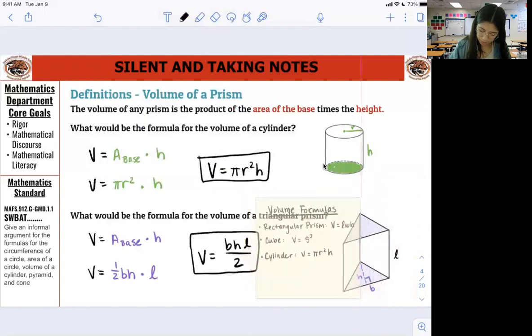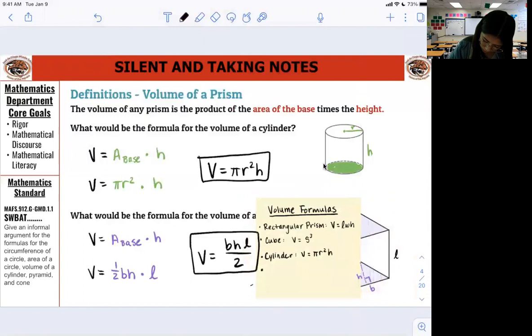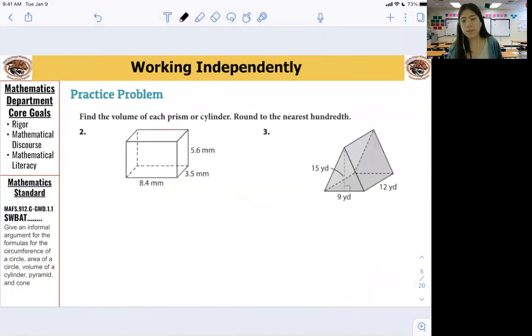Okay, cool. All right, so those are the four that we're going to start with. And then from here, we're only going to do one more after that, which is our pyramid, but that'll be at the end. So now we're ready to do a couple practice problems, starting with pretty simple ones.